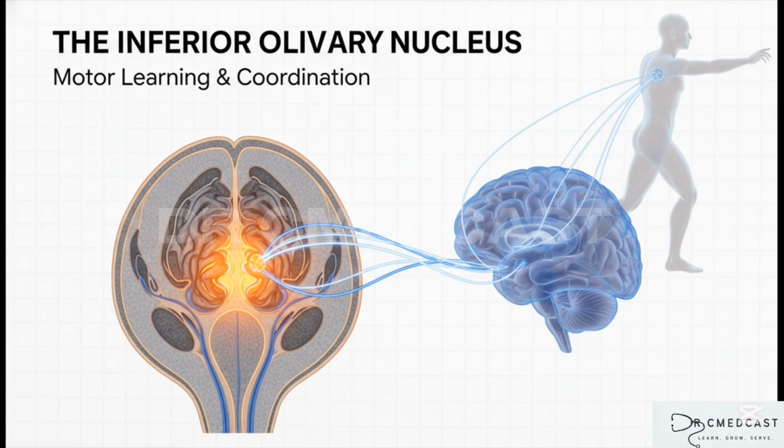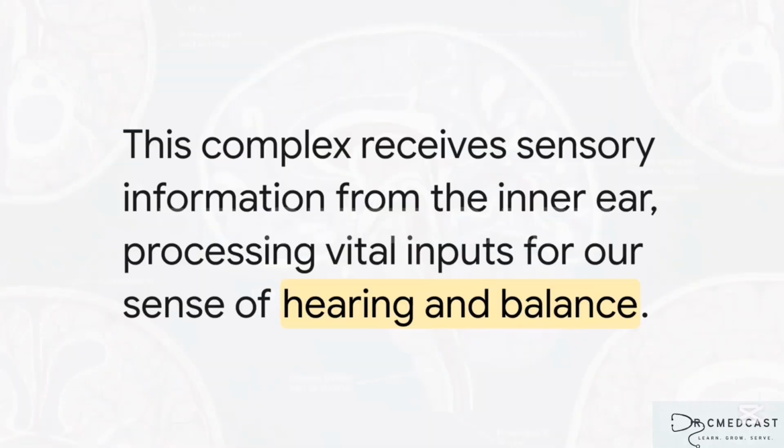It's got major connections to the cerebellum, and it's thought to play a really crucial role in coordinating and, importantly, learning voluntary muscle movements. Also located at this level are the vestibulocochlear nuclei. This complex is basically the first port of call for all sensory information coming from your inner ear. It processes all those vital inputs for both hearing and your sense of balance.